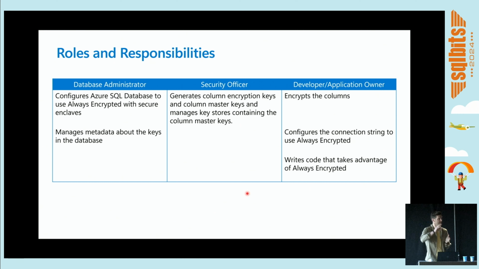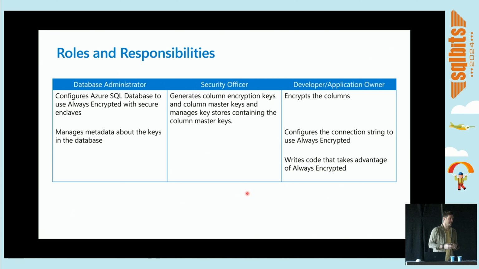It's just metadata that is pointing to the key, for example, in a key vault or in a Windows certificate store, right? If you give the DBA access to the encryption keys, then the whole principle of Always Encrypted falls down, because they have access to all the data. So it depends. If you trust your DBA, then you can give them access, but I wouldn't recommend that.